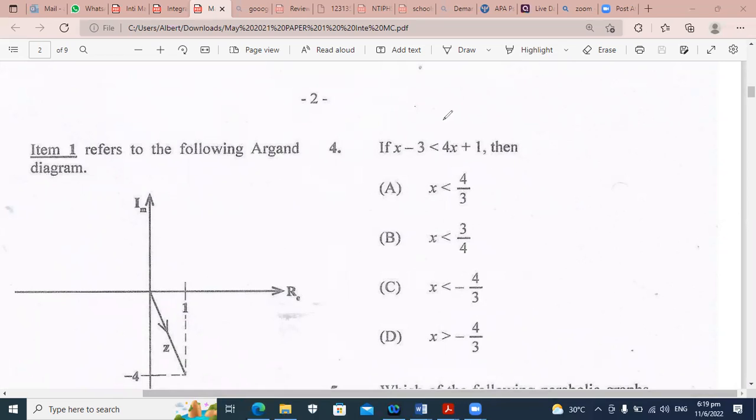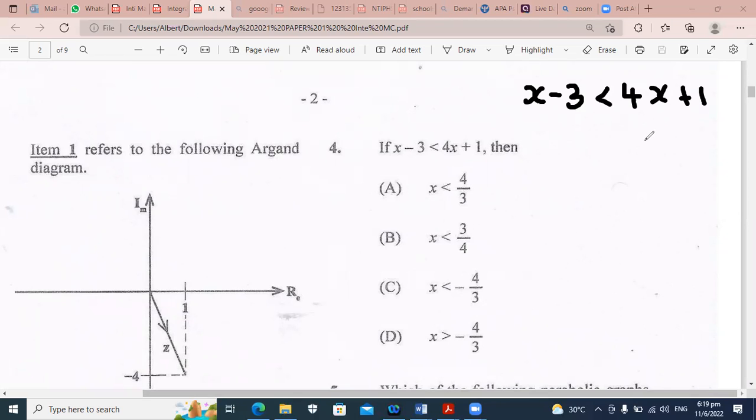How would you solve this? What are some of the steps you would do? Let me rewrite it up here. So you're going to group like terms. Where do you want to put x's, on the left or on the right? You're going to keep them on the left.